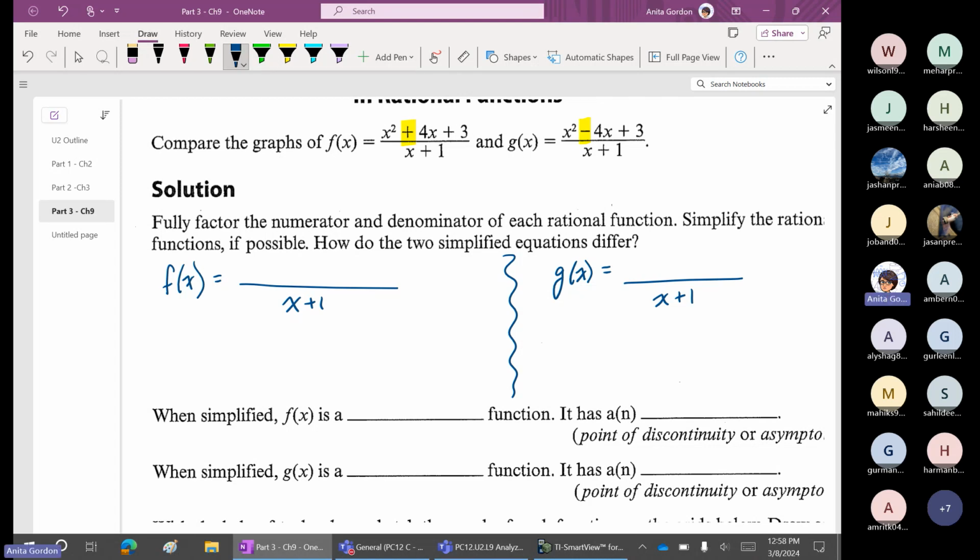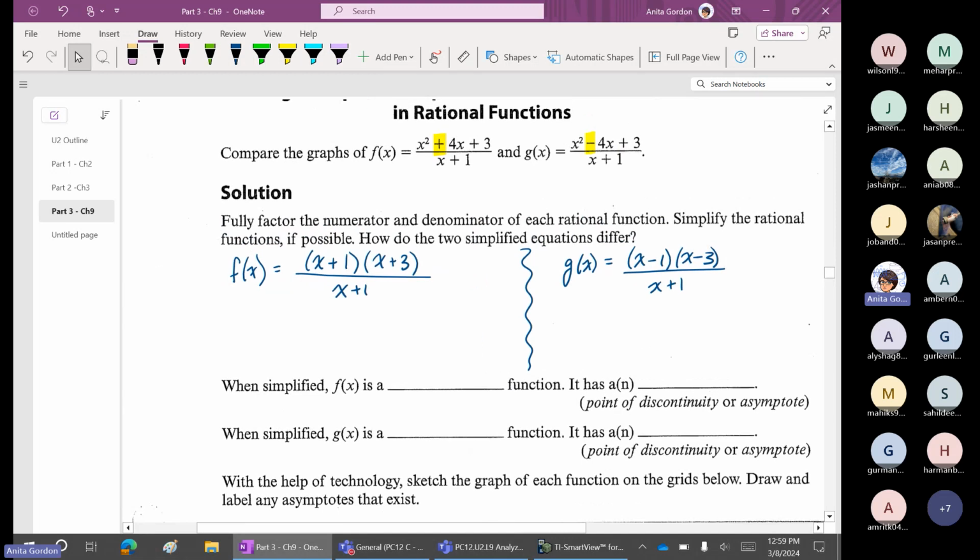Okay, can someone tell me the factors for f of x? Louder, please, sorry. 1 and 3, thank you. And what are the factors for g? -1, -3, perfect. Okay, take a look.